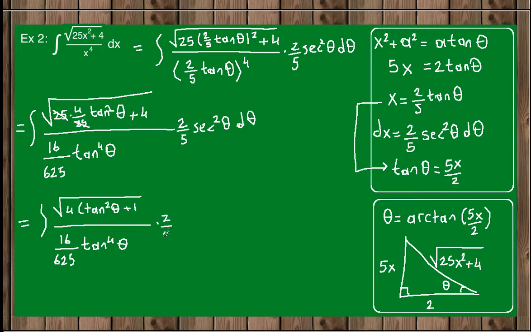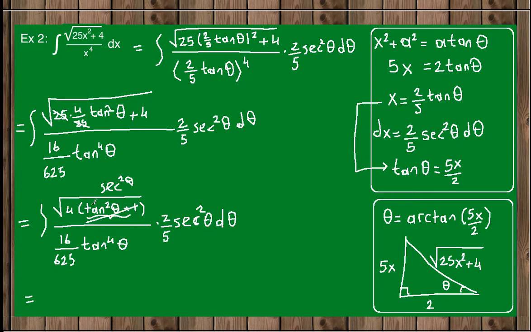And we have dx here, which is 2/5 secant squared theta d theta. Here, tangent squared theta plus 1 is the trig identity. So this expression equals secant squared theta.